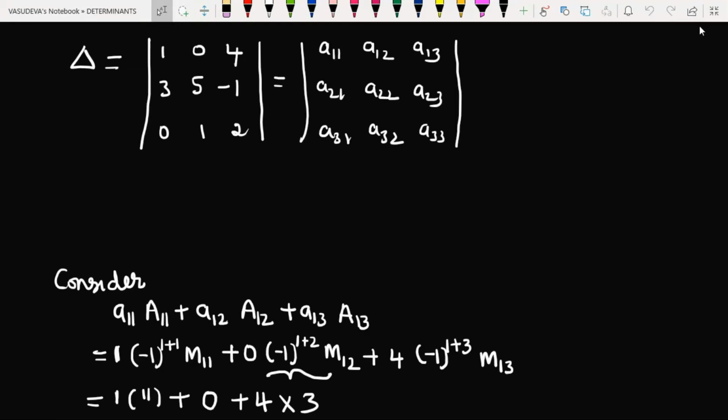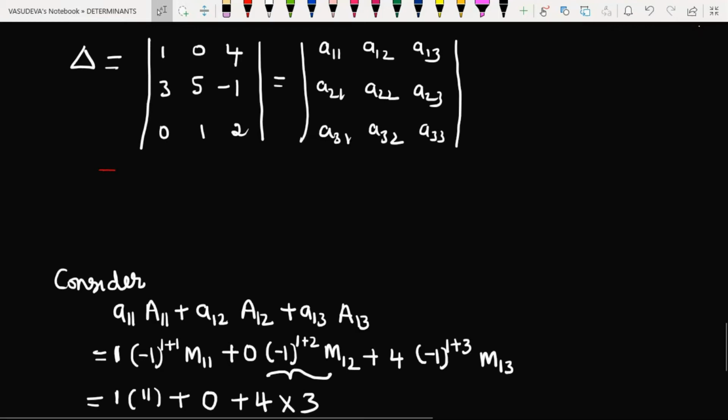Now considering the determinant del, the determinant with rows 1 0 4, 3 5 minus 1, 0 1 2, can be written as a11, a12, a13, a21, a22, a23, a31, a32, a33.